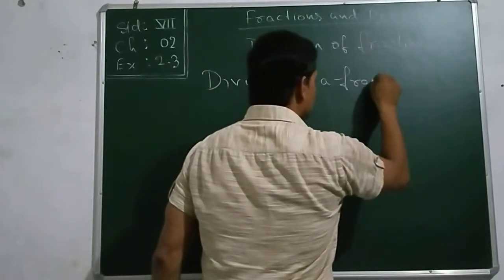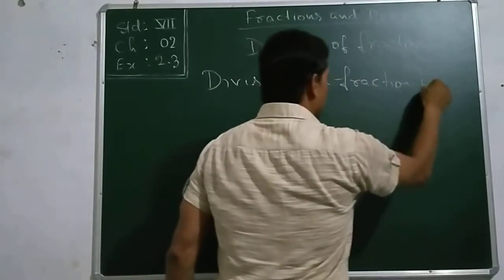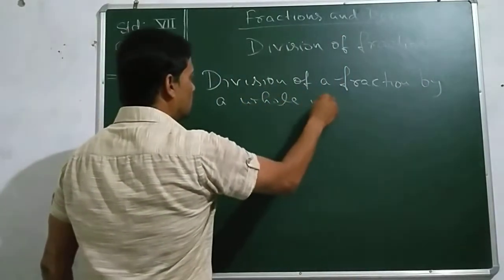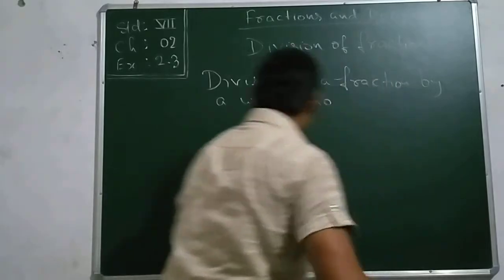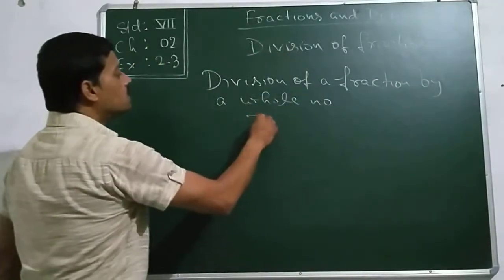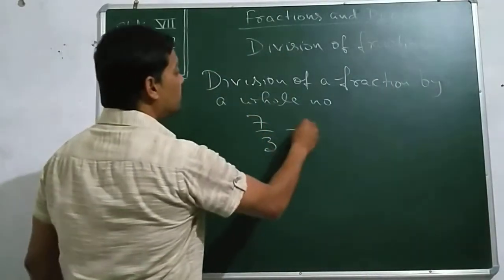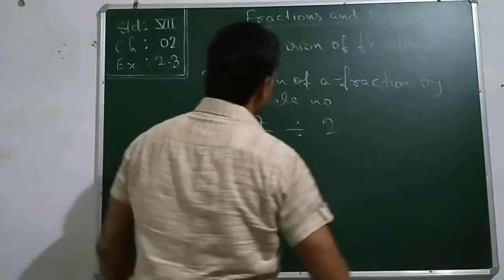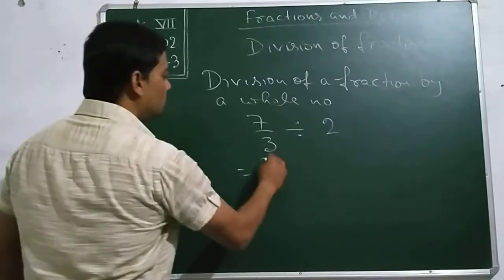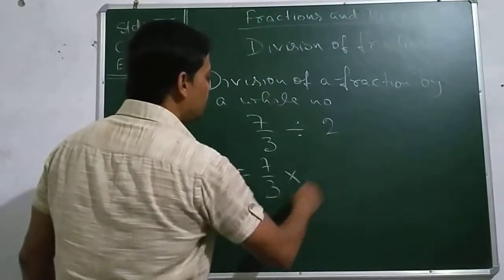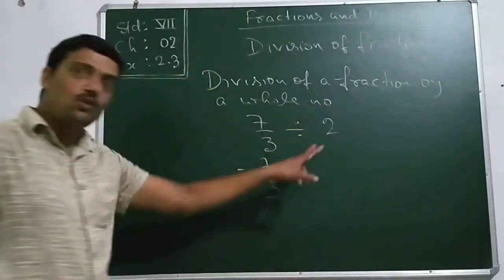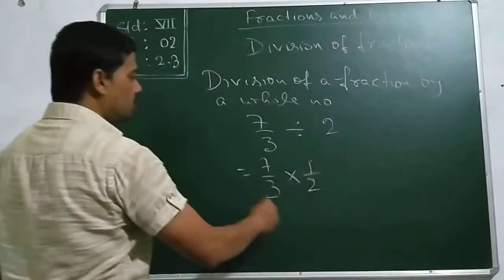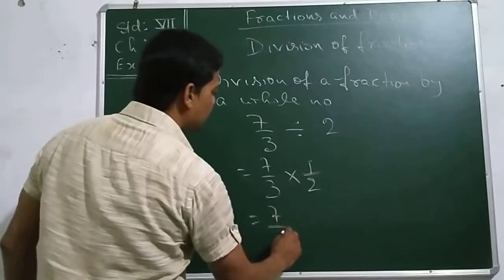Take the example 7 by 3 divided by 2. To solve that, we will go for 7 by 3 into the reciprocal of 2, which is 1 by 2, and the result will be 7 by 6.